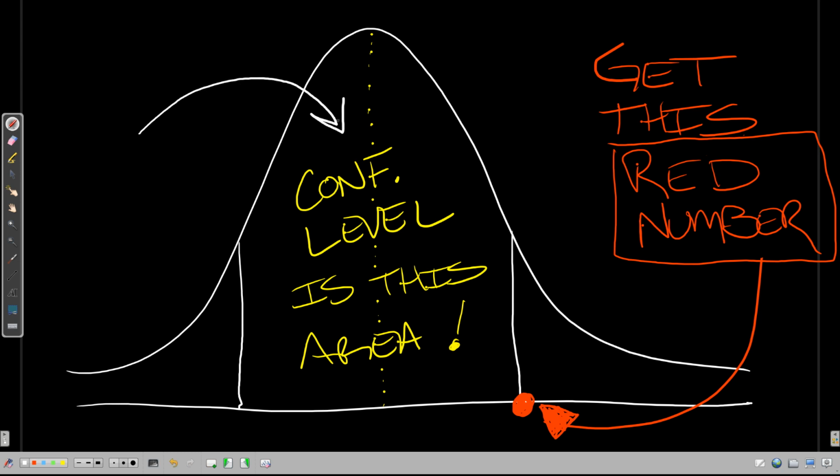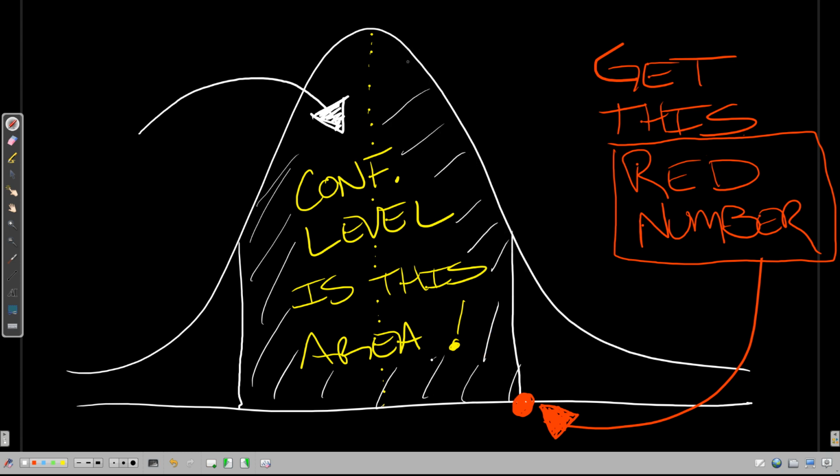It's at that intersection. So all that we need to do, just like what we were doing in week 4, is insist that this region in here has a specific area, and then backtrack to find out what number that must have been, this red number. And in the problem we are looking at here, they asked us for a 95% confidence interval.